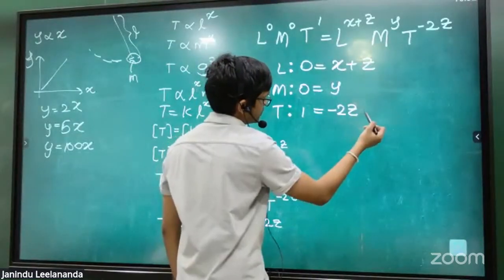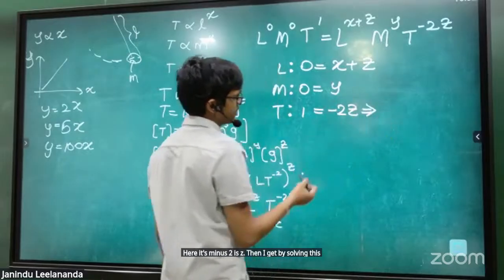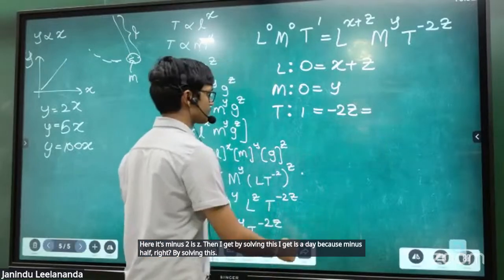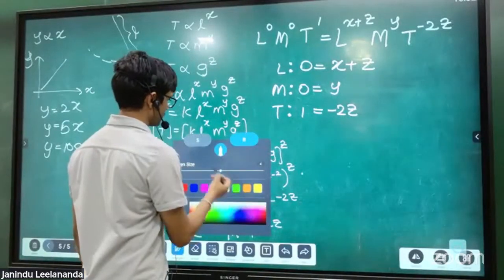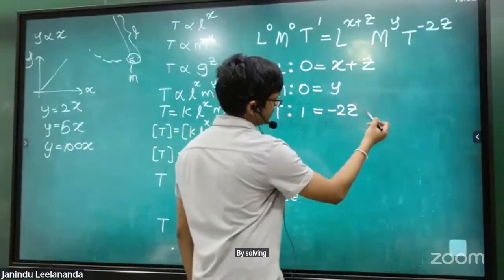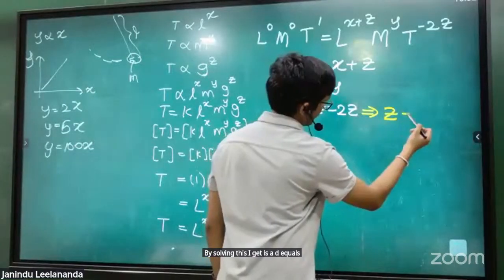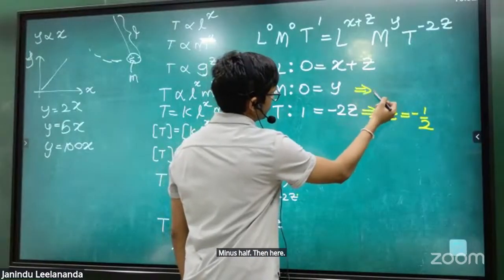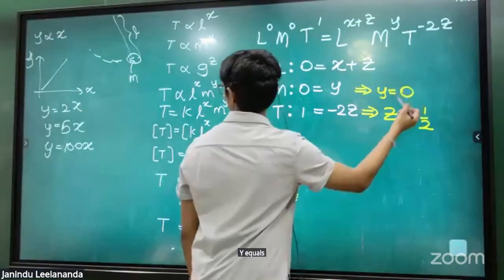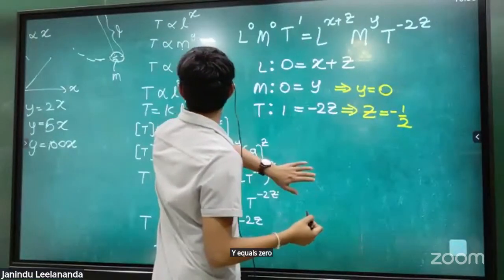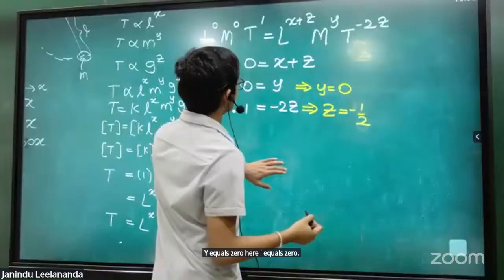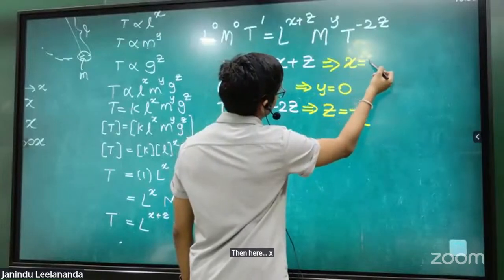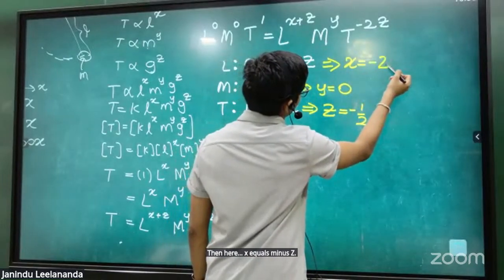Then by solving this, I get z equals minus half, right? Then y equals 0. Then x equals minus z.